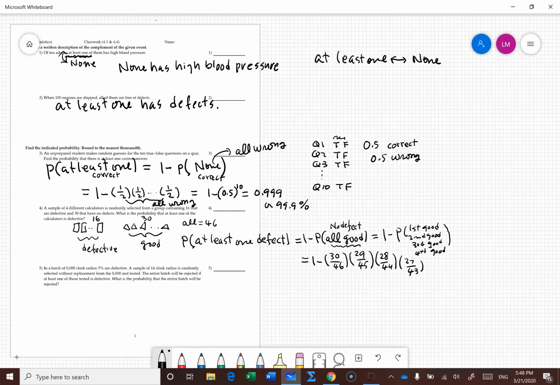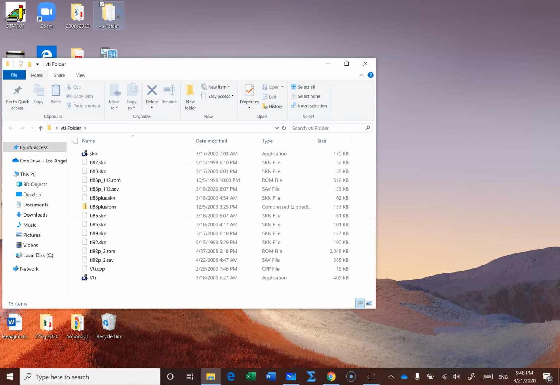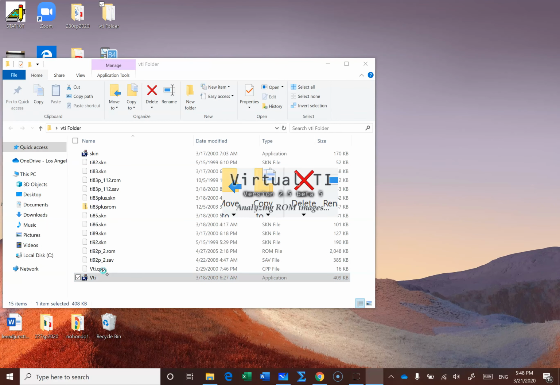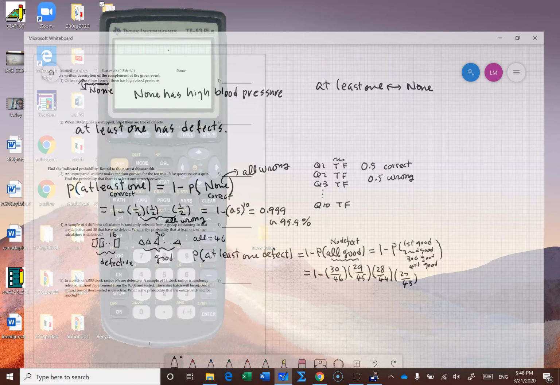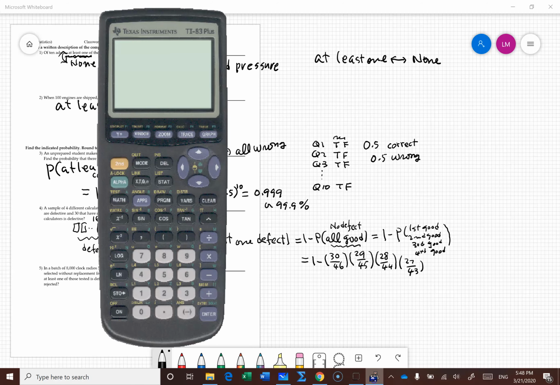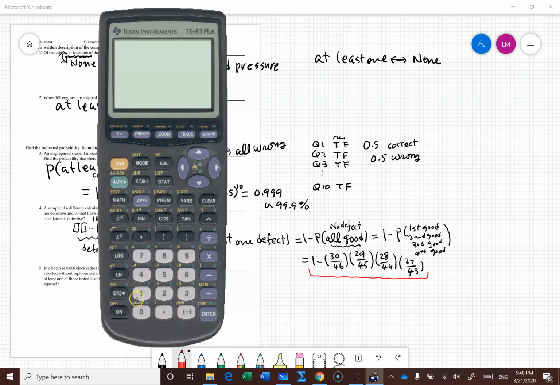If you want me to show you how to put this in the calculator, let me open the calculator folder. So I'm going to show you how to enter these.